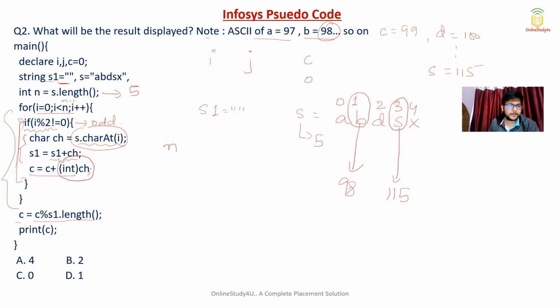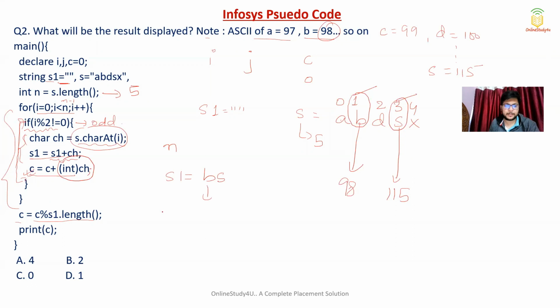So at every odd position, we concatenate the character with string S1. In S1, we will first add B, and after that we will add S, so BS. And for each one we are adding the character's ASCII value.